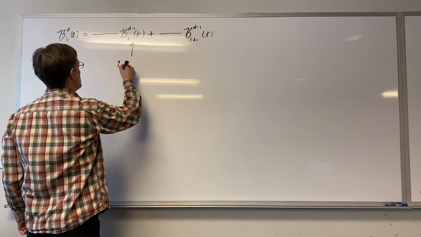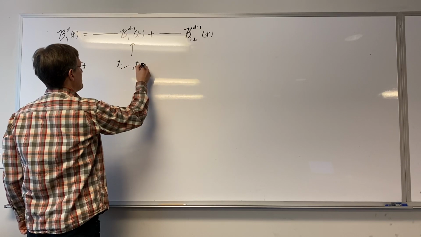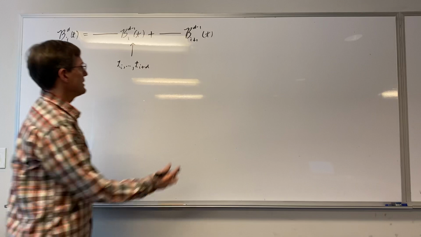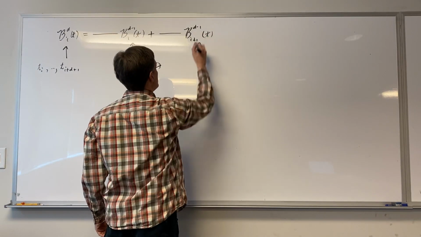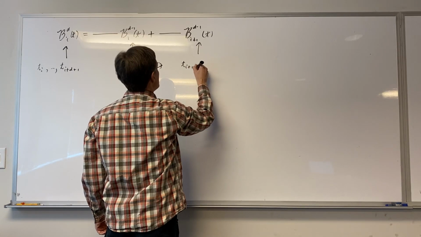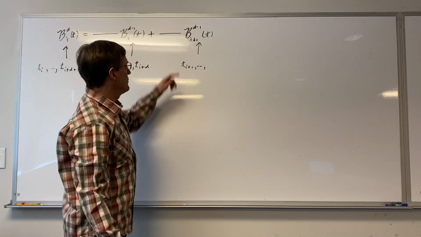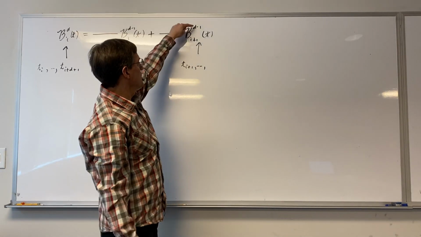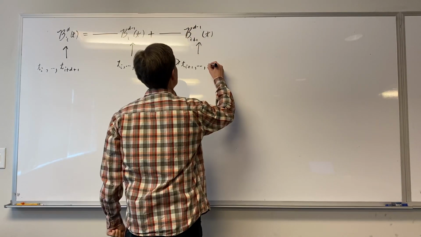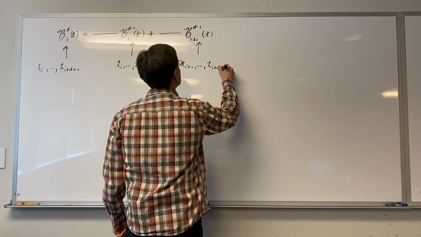So this would be using the knot values t_i through t_{i+d}. Then finally, this B-spline of degree d-1, this would be using the knot values t_{i+1}, and then through i+1+d-1+1. So that adds up to t_{i+d+1}.